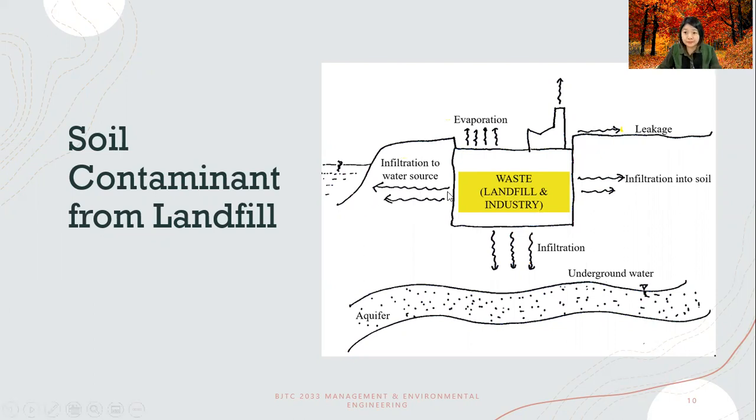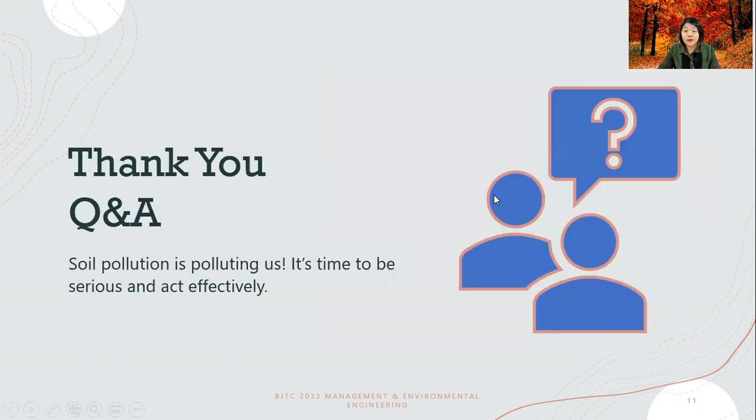It will have leakage. This is the soil layer, so it will go into the soil and cause soil pollution. There will be infiltration into the soil, into the underground waters, into our water resources. So that's all for soil pollution.